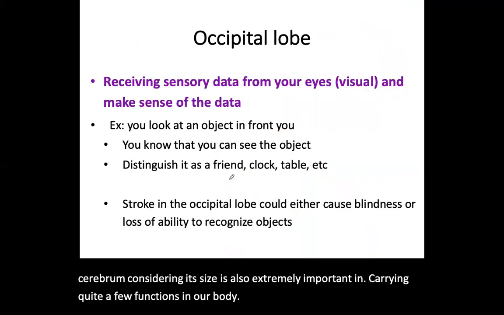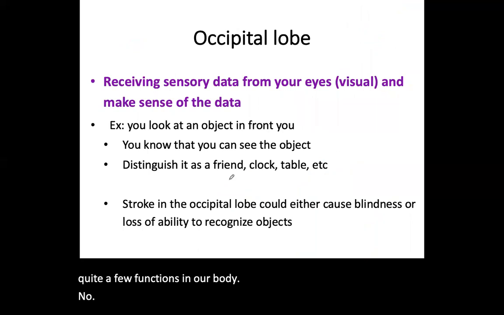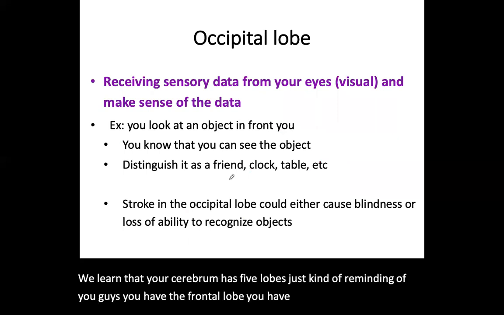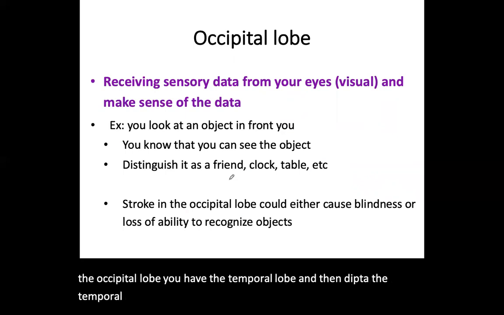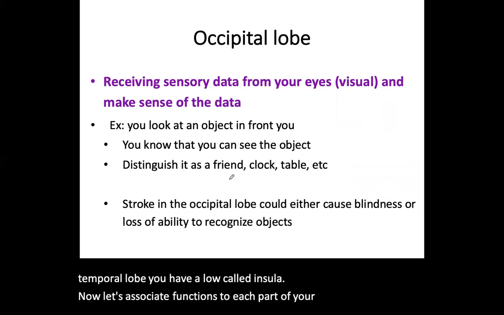Now, we learned that your cerebrum has 5 lobes, just kind of reminding you guys. You have the frontal lobe, the parietal lobe, the occipital lobe, the temporal lobe, and then deep to the temporal lobe, you have a lobe called insula. Now, let's associate functions to each part of your brain. Let's start with the occipital lobe.